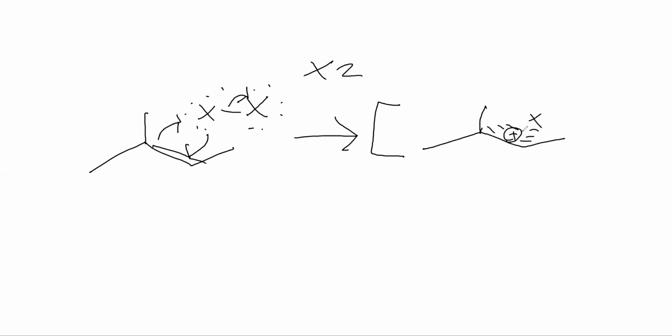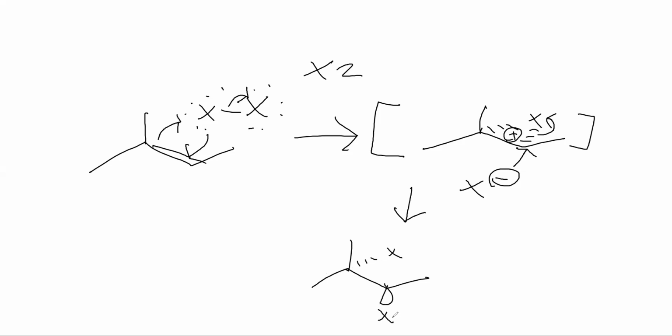And then we end up with a sort of positive charge shared between all the three atoms within that cyclic ring. And we have a negative halogen that formed when that bond broke with X2. So it's going to come and attack one of the carbons and break the bond with the halogen at that carbon. And it does this from the backside from where that bond is. So that ends up leading to trans stereochemistry.